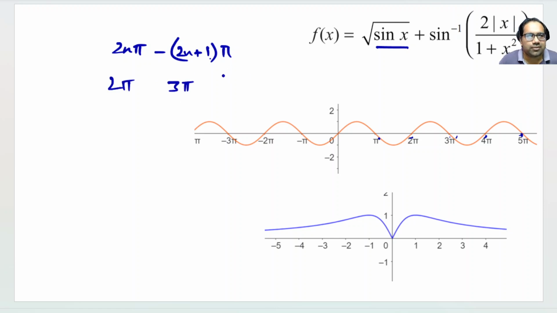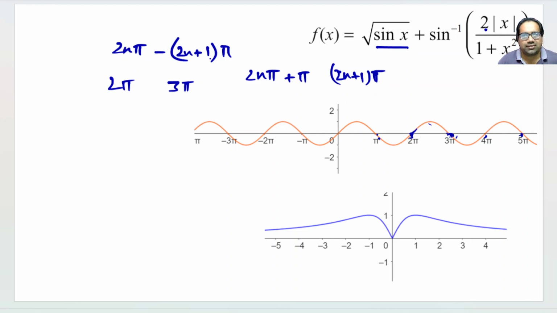So all even multiples of pi, 2n pi, plus one more pi, that is (2n plus 1) pi. In all these cases, sin x is positive. So this is fine, and this is the domain of x.